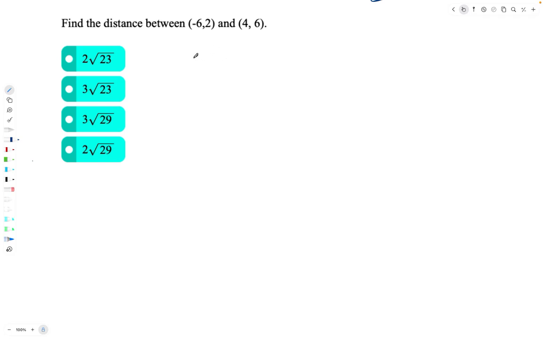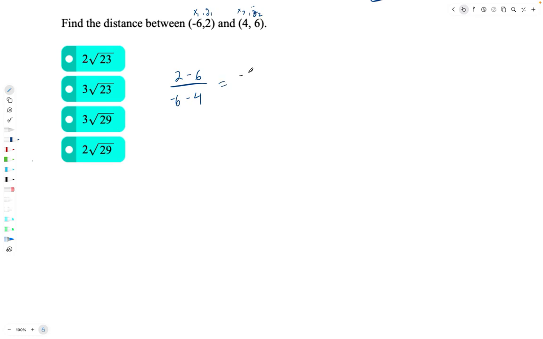So what we're going to do is we're going to say this is going to be x1, y1, x2, y2. Okay, so 2 minus 6 over negative 6 minus 4.